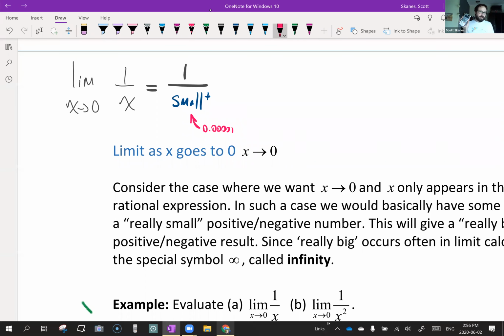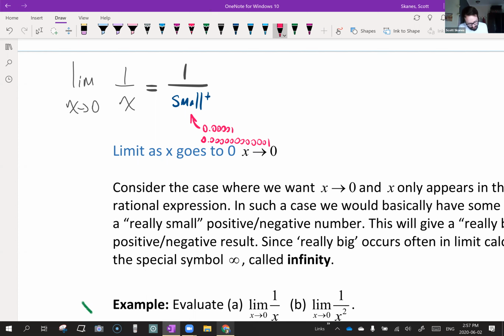You get a big number back. For example, if I put in 0.0001, I get back 10,000, depending on how many zeros you have. If you put in 0.0000000001, which is extremely close to 0, you get an even bigger number.